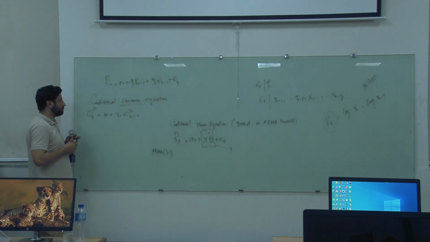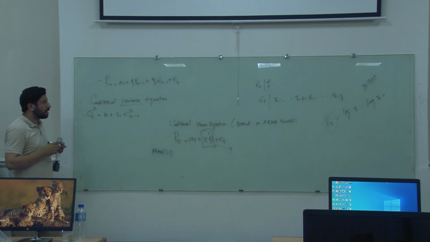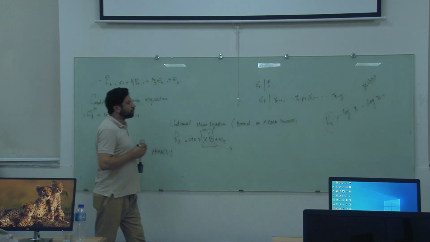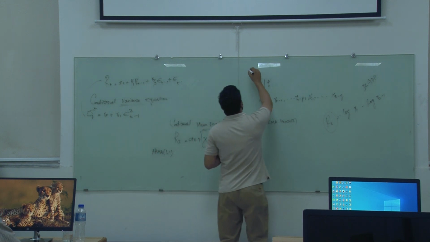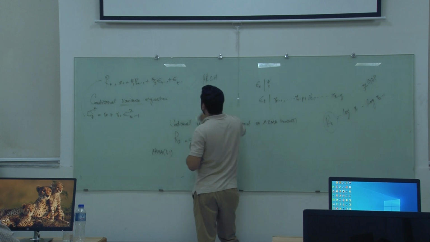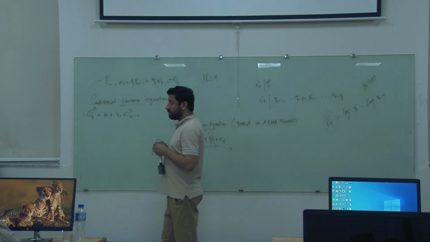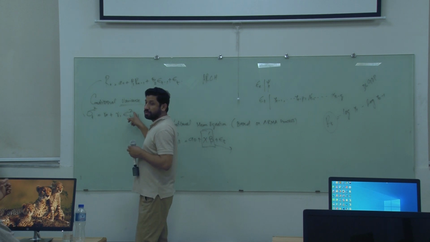Mean equation and conditional variance equation. So the word ARCH means... where is the square of this, t minus 1?